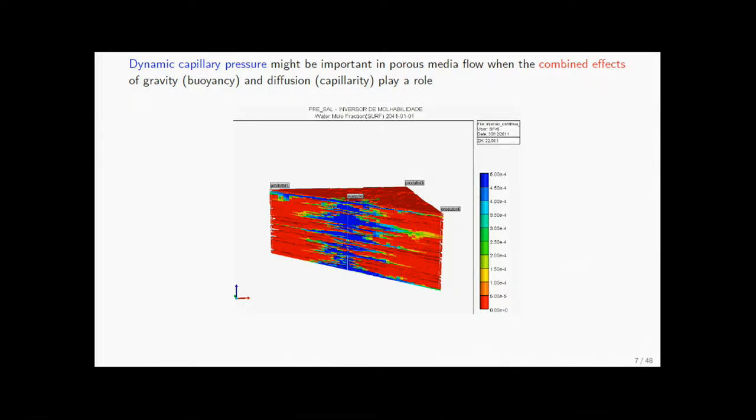And we can see here that we have huge reservoirs, something like 16 kilometers in the Y and X directions, and depth is something like 500, 600 meters, with many layers. And as we can see here, we have the interplay between the gravity and the diffusion. So this mechanism appears naturally in the model.